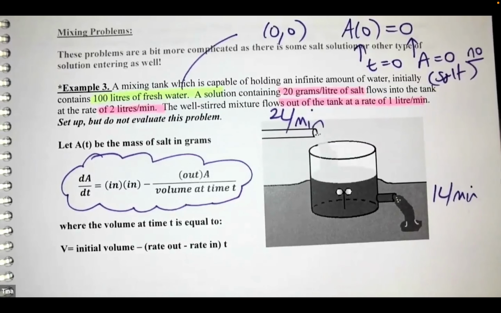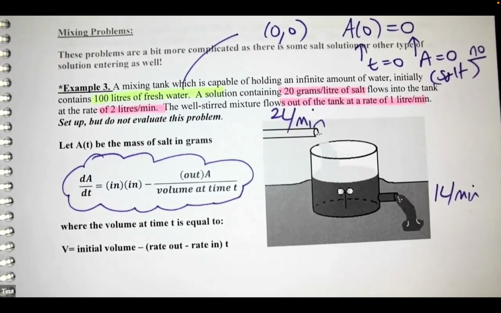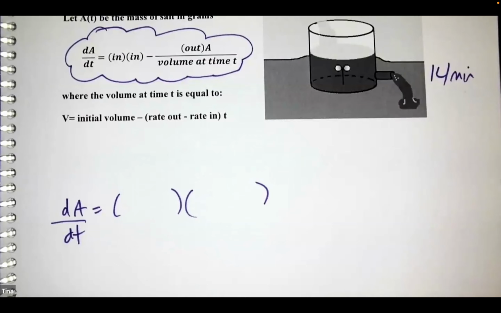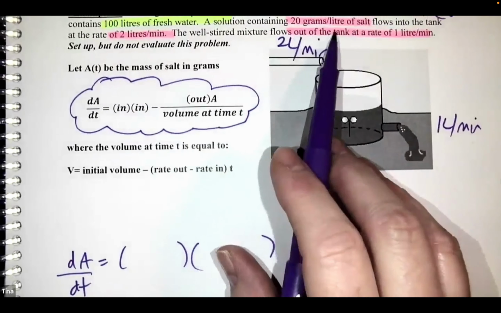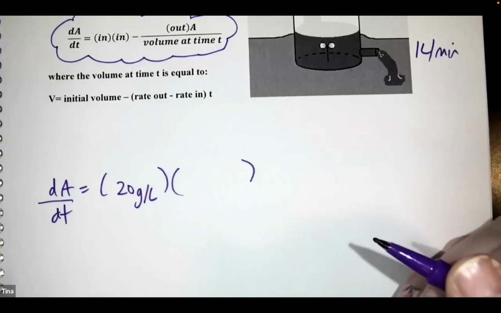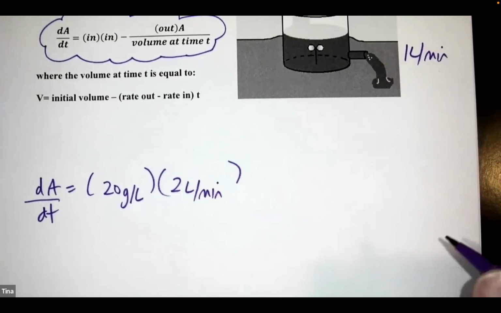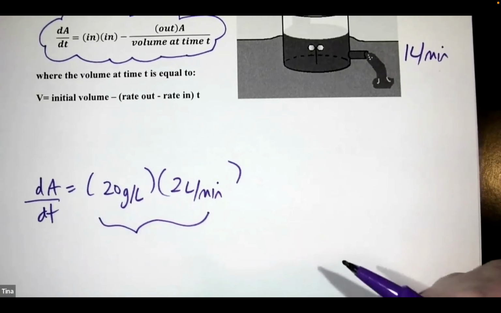So let's go down here. For in, I have 20 grams per liter, and it's going in at 2 liters per minute. So think about the units there.